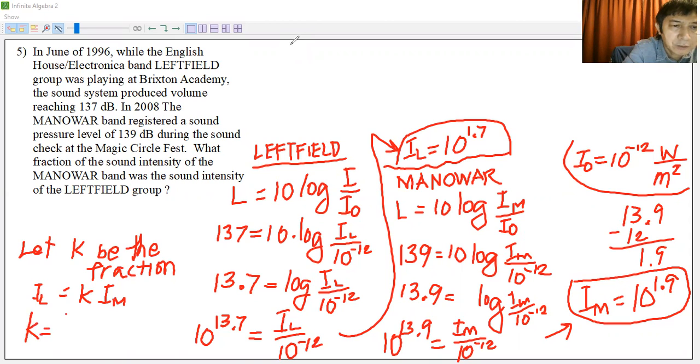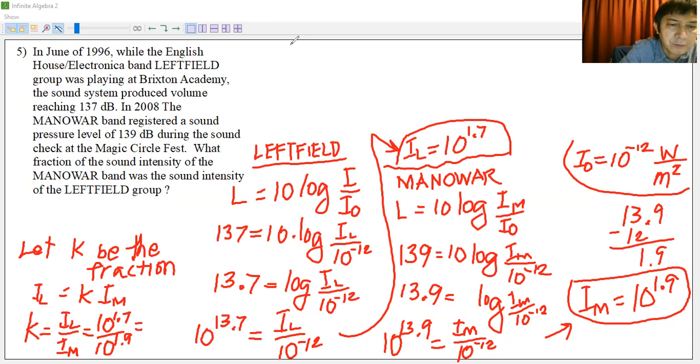This will be equivalent to IL over IM, the smaller divided by the larger, to get the fraction. And so this will be equivalent to IL, that's 10 raised to 1.7 divided by 10 raised to 1.9.